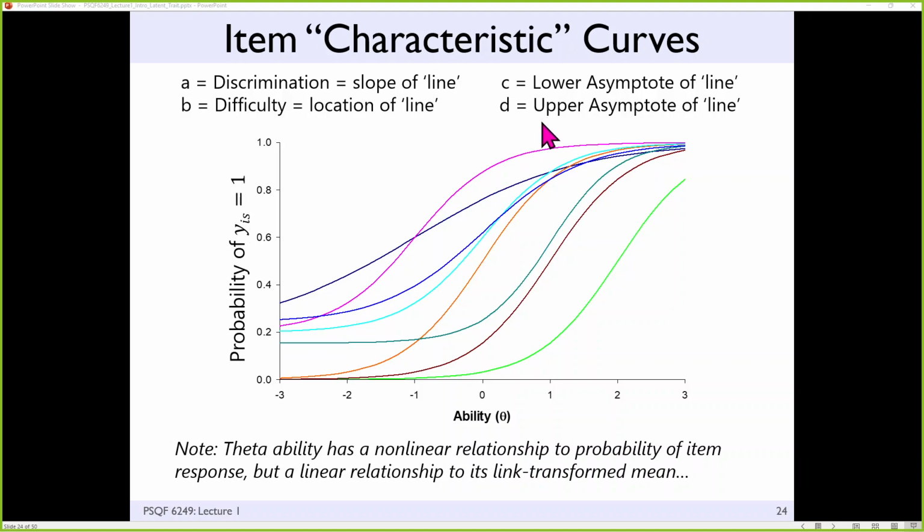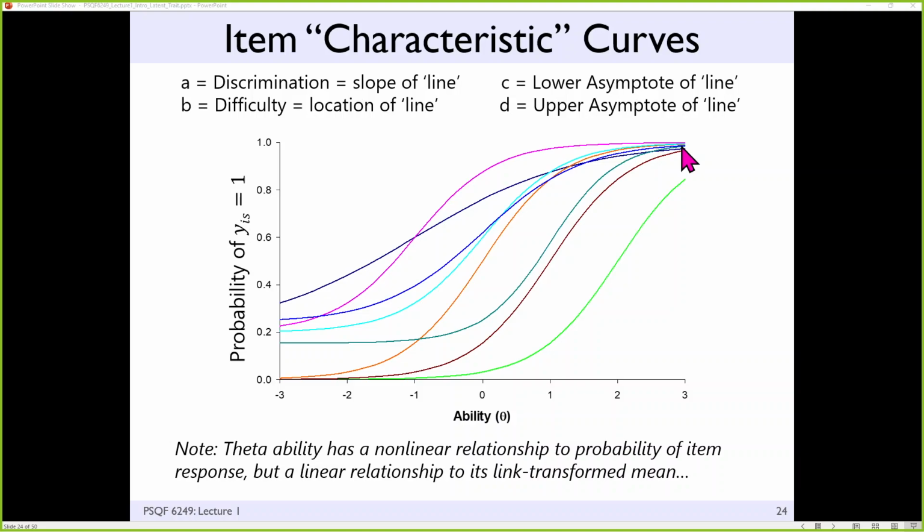Less commonly, but it does exist in certain contexts, is an upper asymptote. And that taps out so that you don't end up at a probability of 1. Some people call it carelessness. Even if you're super high ability, there's still some chance you're going to screw it up. So probability is not predicted to be 1. This could also be, in the case of psychopathology, somebody who knows enough not to give their true feelings.